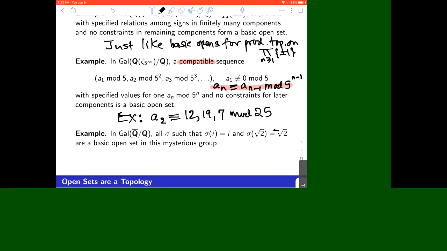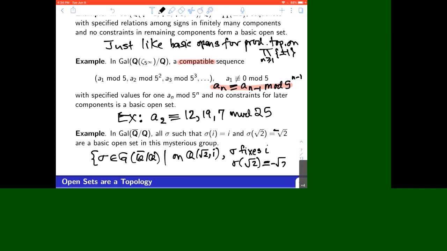So this describes a basic open set. Basically we're looking at all the elements in the Galois group of Q bar over Q such that, on the field generated by root 2 and I, you might say it fixes I and moves the square root of 2.